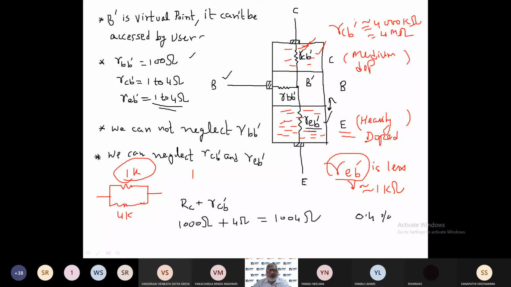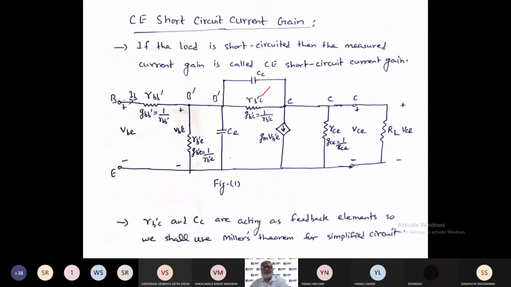If you calculate this R total, it is 1K multiplied by 4K divided by 1K plus 4K. If you solve this, you find that it is near to 1K. Now the same concept you can see here.